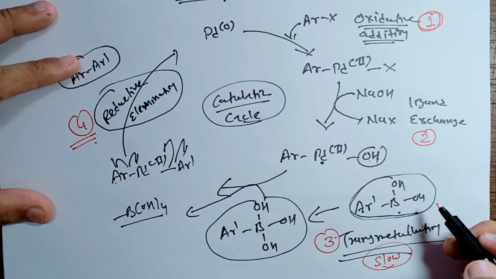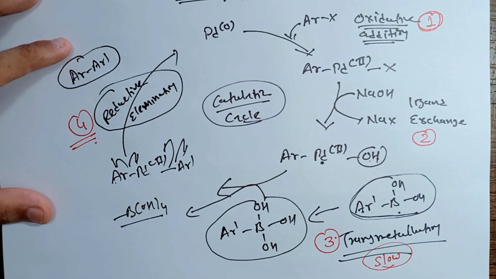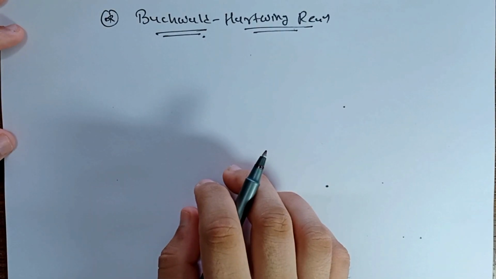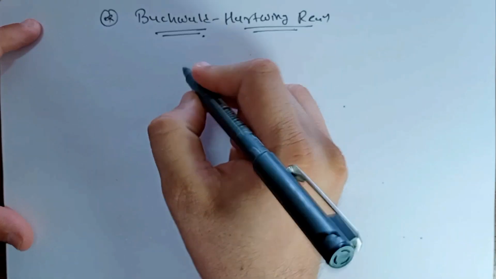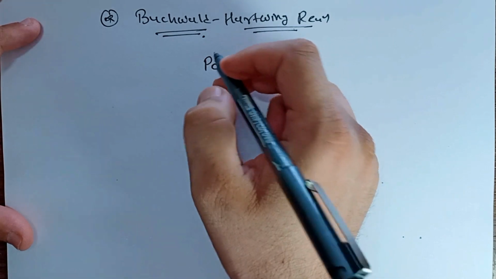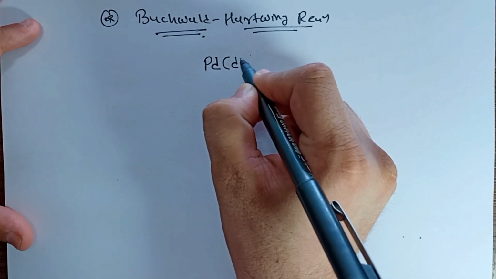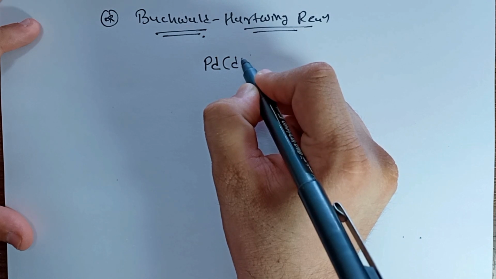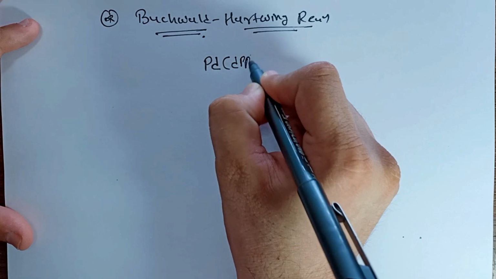Now let us understand one more reaction that is based on a palladium catalyst. Let us understand the Buchwald-Hartwig reaction. This is a C-N coupling reaction. Let us start with the palladium catalyst. Here we are having a palladium catalyst with 1,1'-bis(diphenylphosphino)ferrocene, that is DPPF.